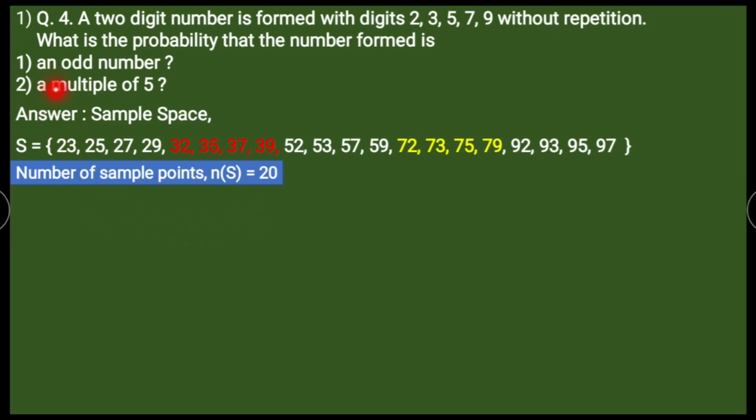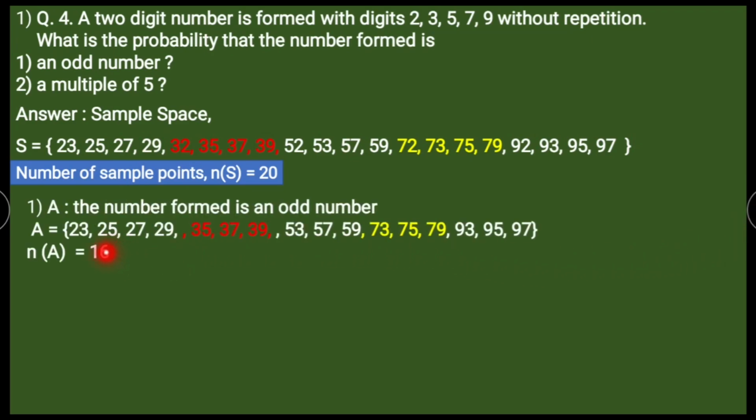So the first event is that the number formed is an odd number. So we select the odd numbers. That means we skip the even numbers from the sample space and write the elements for the event A. So see here, A is the event: the number formed is an odd number.